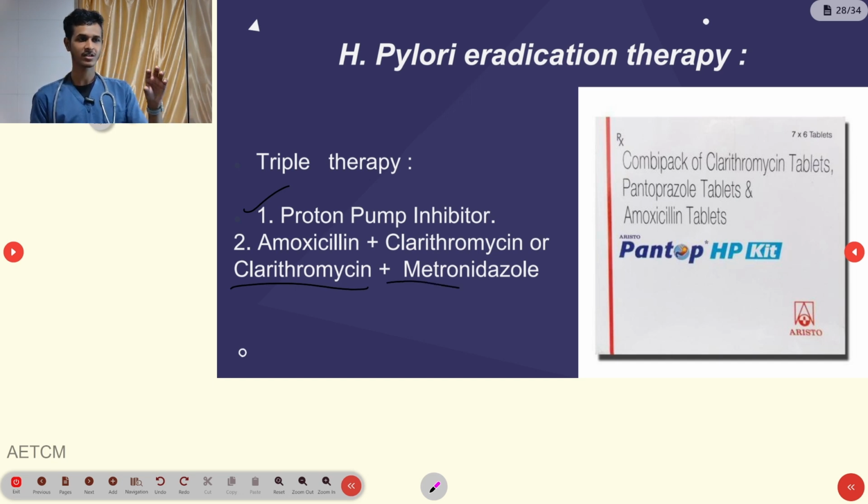This is the antibiotic group. This is called triple therapy because it is a combination of 3 drugs. One such drug is like Pantop.